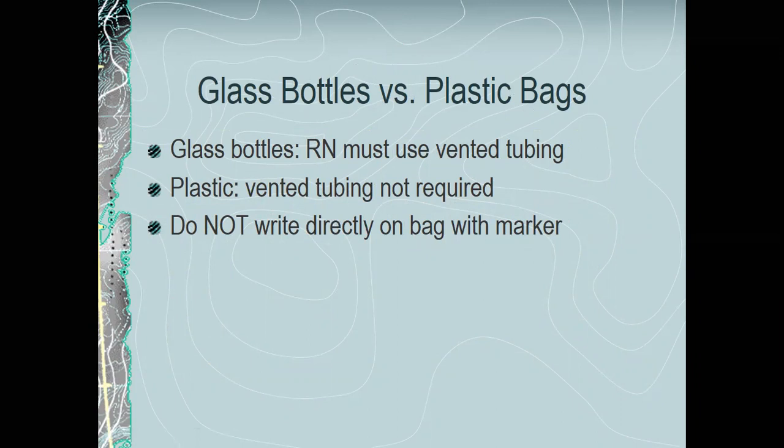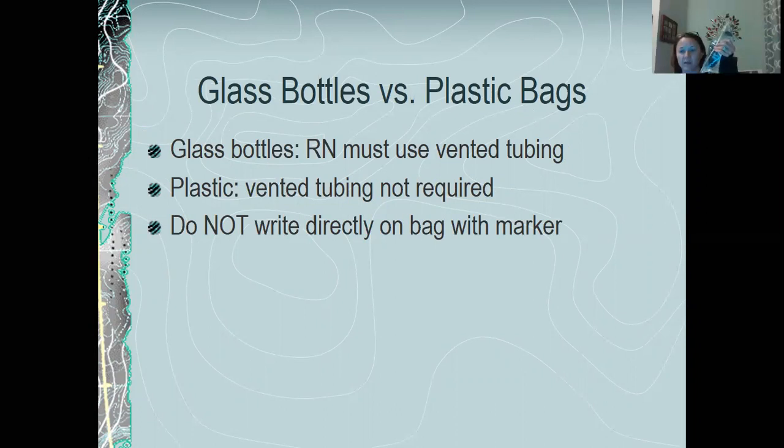What you'll see with glass bottles, because of the pressure, is different. With this bag, as it pulls the fluid out, this bag is going to shrink. Glass bottles obviously can't shrink. If you're pulling out fluid, it's got a specific volume in that glass bottle and it's not going to be able to pull out.